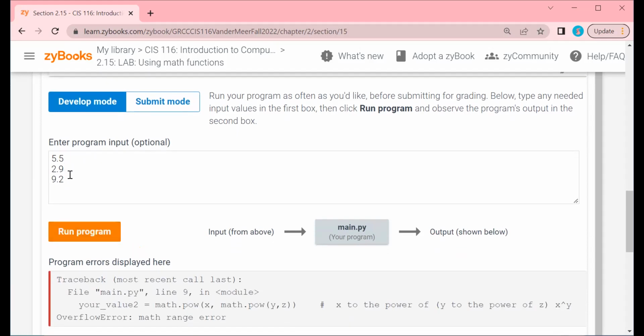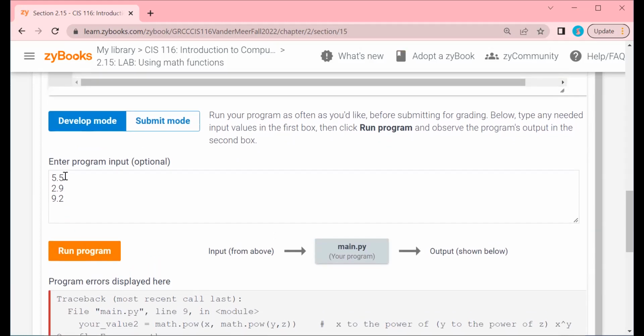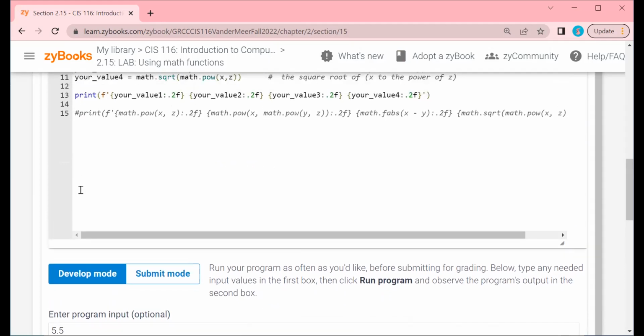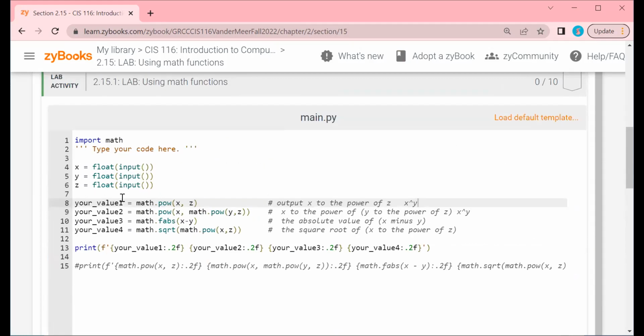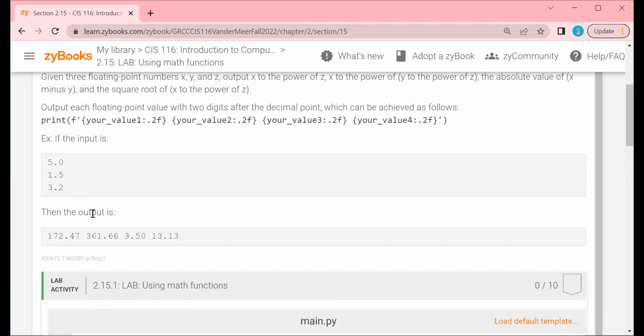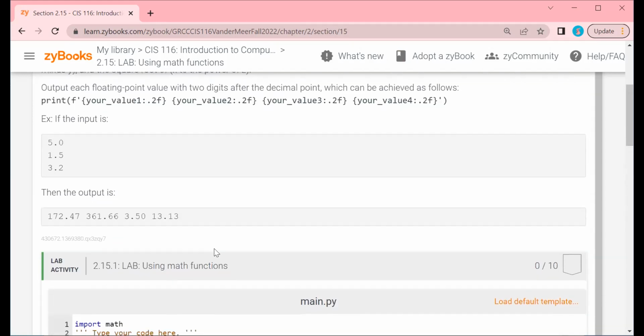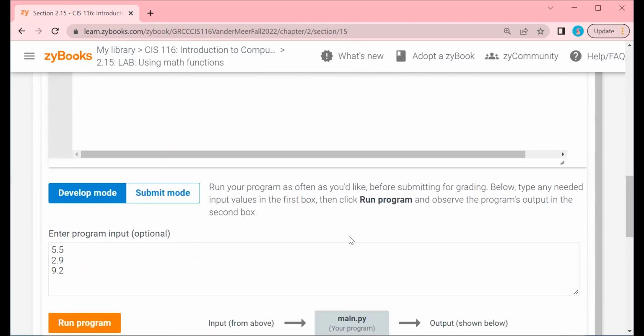Okay, it's something with my numbers because it says overflow math range error. So it's not the comments, it's my numbers going outside of the range of what float can store. So you noted that one number that was really large.